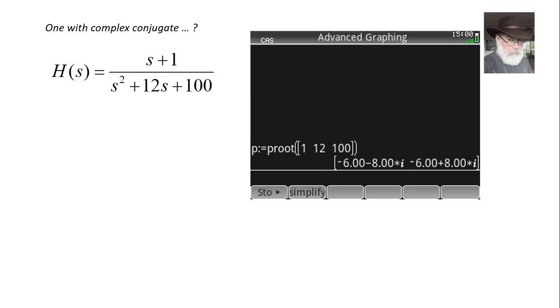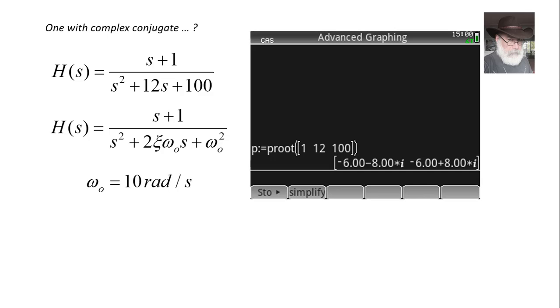Complex conjugate terms like that quadratic are usually written rather like this: s squared plus 2 xi omega naught s plus omega naught squared. Omega naught is the undamped frequency. Professor Bode has told us that we can find the Bode approximated plot to that function if we replace the quadratic term instead with a double real pole at omega naught this way.